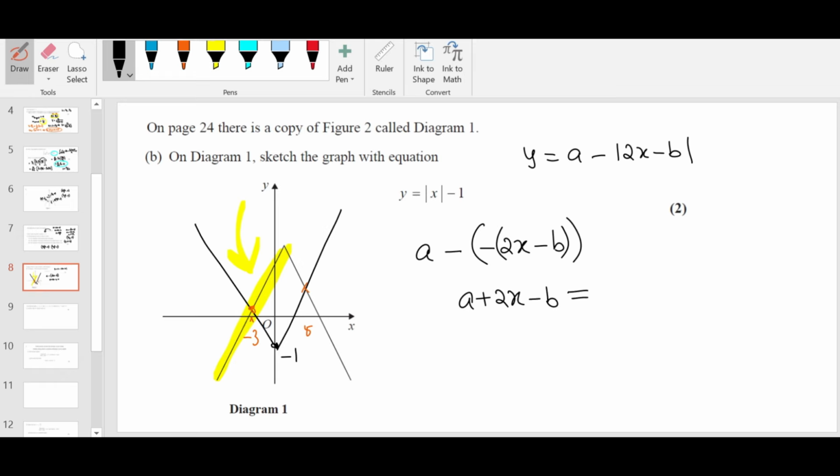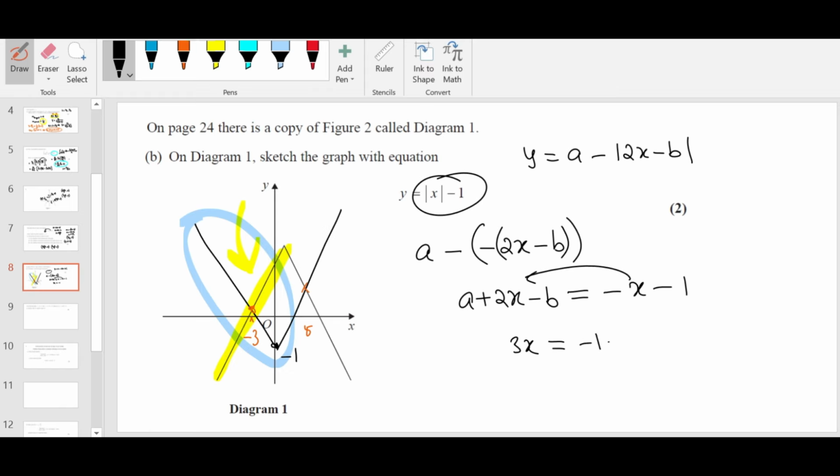Equate it to the negative arm of modulus x minus 1. You need to take the negative argument so that you'll get a negative slope here, negative x minus 1. Hope you understand this. And then find x from here. Bring the x here, 3x is equal to minus 1 minus a plus b.